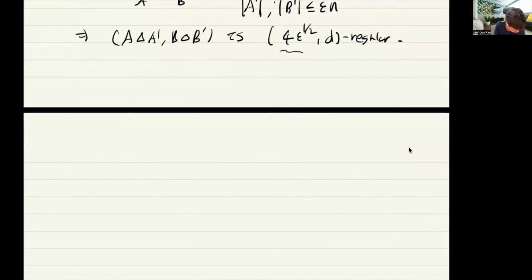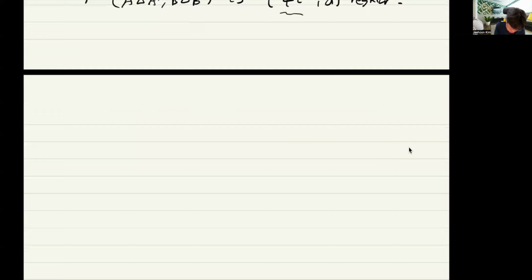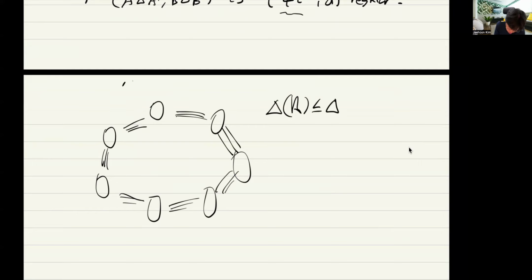Anyway, this we know. From here, what we can obtain is that if you have an epsilon regular partition, and your R has a bounded maximum degree, your reduced graph. So here, what's the reduced graph? So this is your reduced graph.